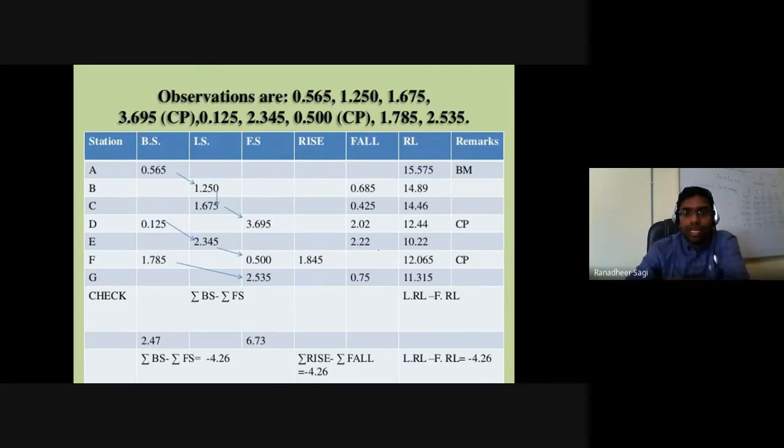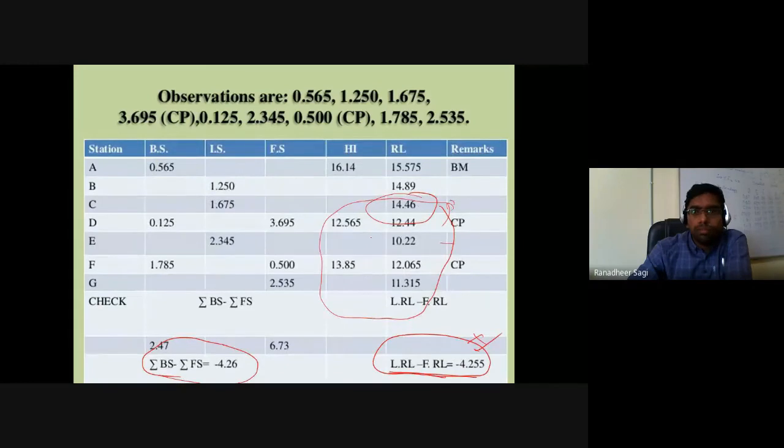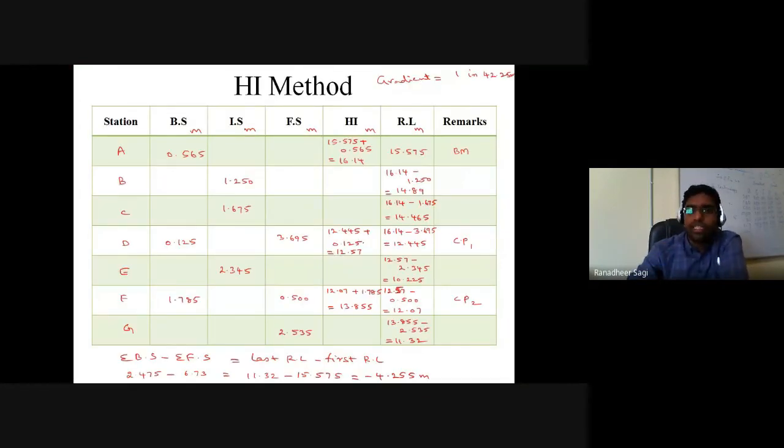Yeah, that is corrected maybe here in this case. Sorry, it is based on height of instrument only, but the calculated values are wrong. We have calculated it correctly. You can check those values that we have calculated.